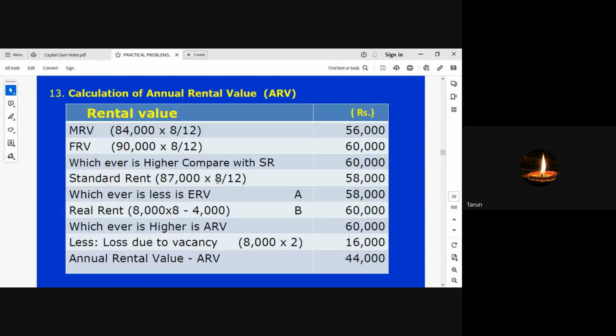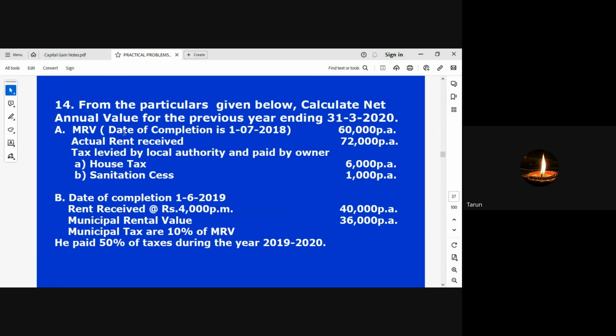In the present question we have only the MRV and the actual rent receipt, that is the real rent. No other value has been given, neither the standard rent nor the fair rental value. So automatically we consider the MRV and the actual rental value.